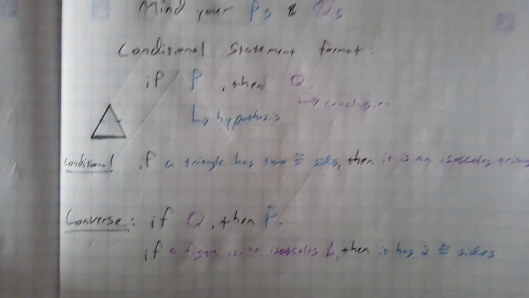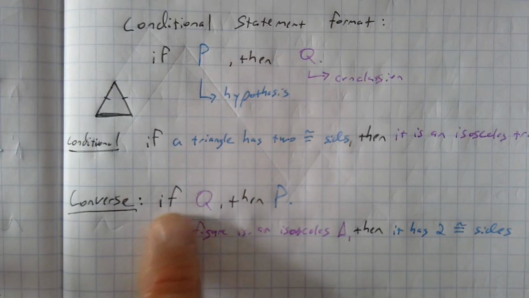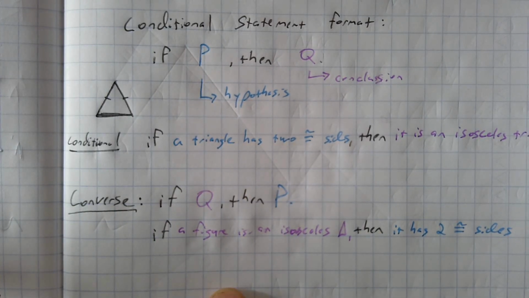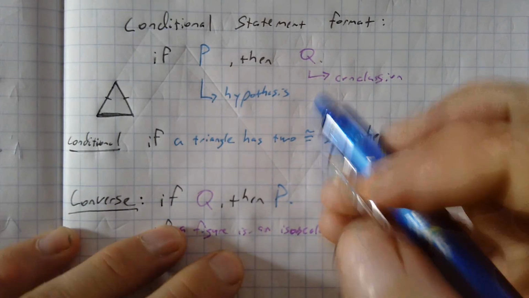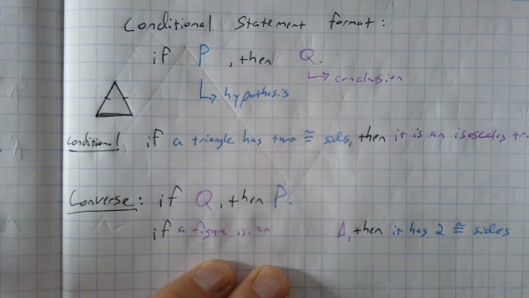Okay? Now, is this converse statement true? Well, it depends. You probably want to put a modifier in this. It says exactly two congruent sides, but for all intents and purposes for this, we'll just go ahead and say that this is a true statement. Okay, it could be more specific.